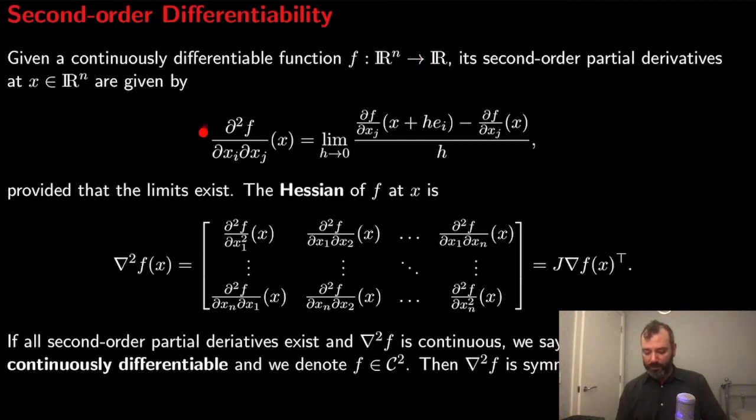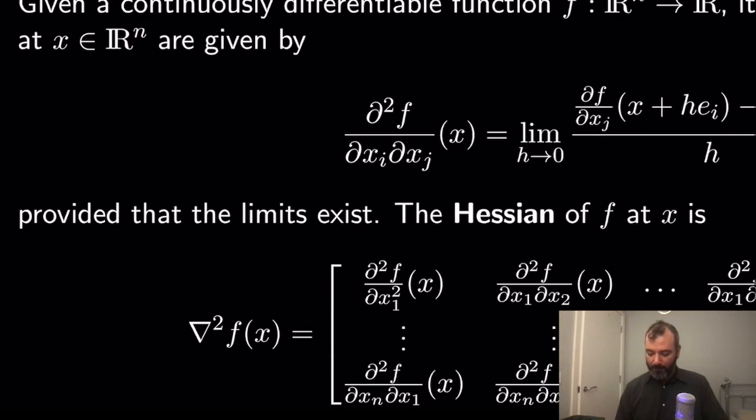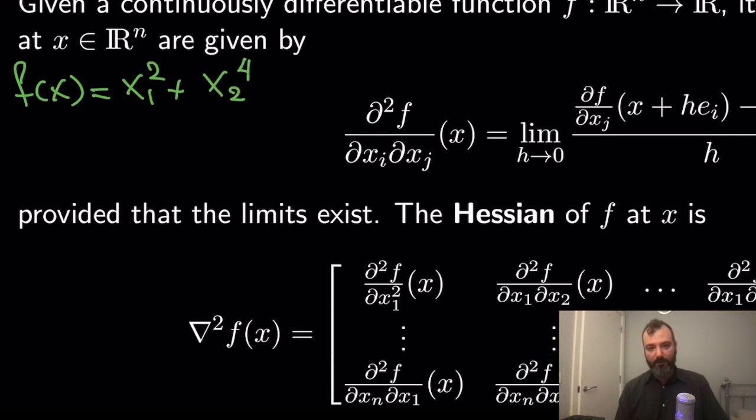We can talk about second order partial derivatives like this. I think it's best again if I give you an example. Take f of x. x is a two-dimensional vector. Take it to be x1 squared plus x2, let's say to the power 4. And I want to determine the second derivative of f with respect to x1.